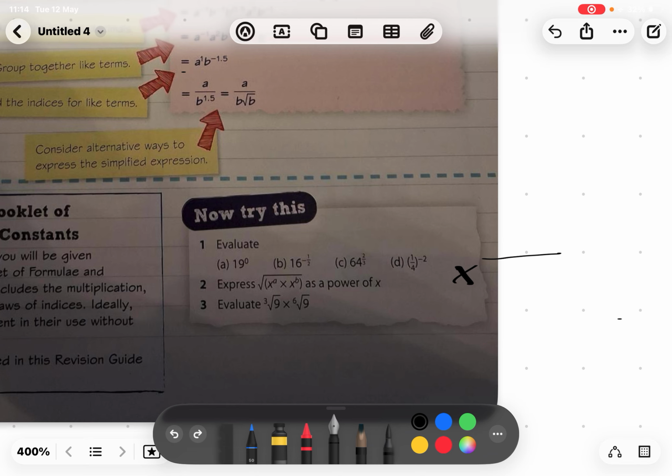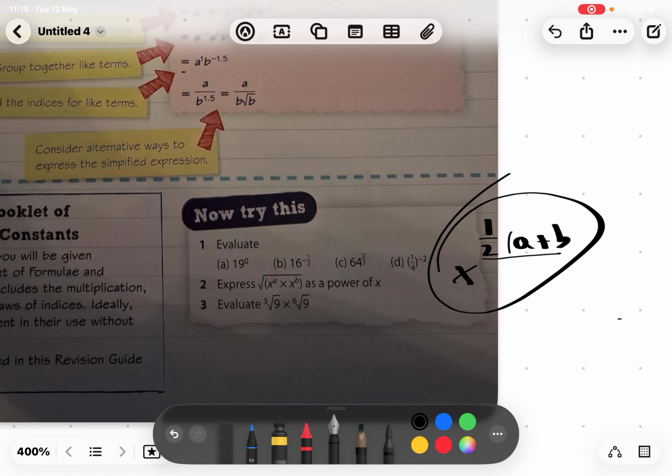However, since it's in general a square root, that means that the 2 was not a normal 2, it was a 1 over 2. After that, we see a and b times each other, so in brackets a plus b. And yes, although there's 2 x's, we just put it as 1 because it's the same kind of thing. So that's the answer.